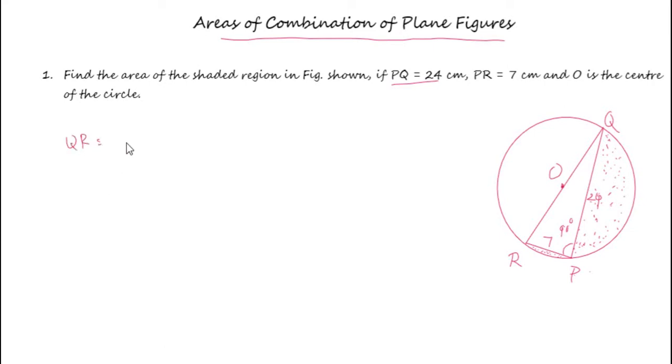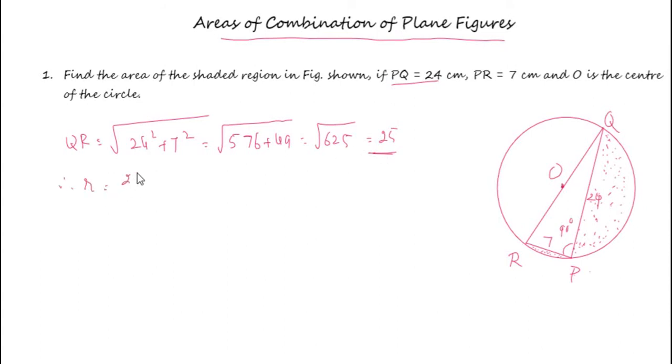QR equal to square root of 24 square plus 7 square, that is equal to square root of 576 plus 49 equal to square root of 625, that is 25. So diameter is 25, therefore radius R equal to 25 divided by 2.